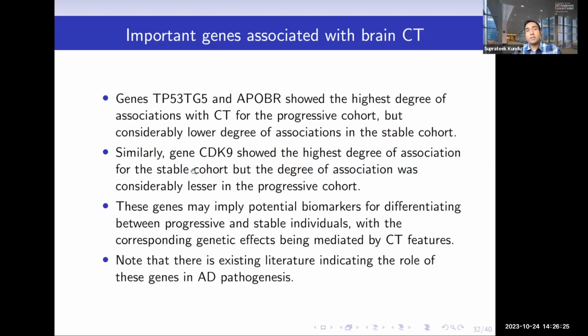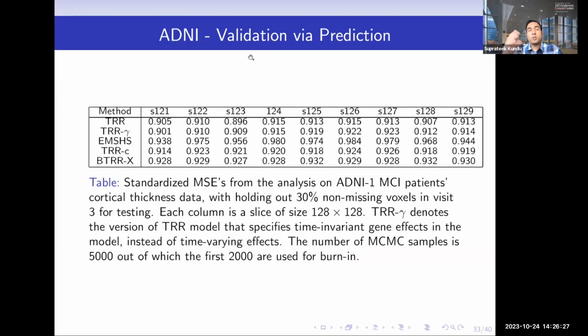We also did a validation. Remember, we talked about the need for having time-varying coefficients in the beginning. What is the use of having time-varying coefficients if you only have cross-sectional predictors? Well, we compared the prediction. We tried to predict the image at the 3rd visit using the data on the first 2 visits and some partial image data on the 3rd visit.